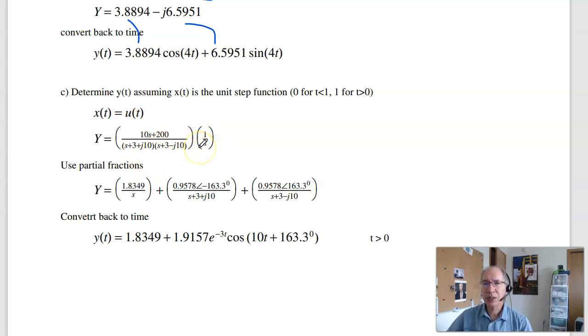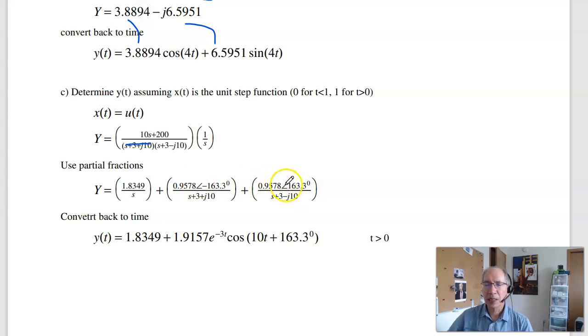Now do a partial fraction expansion. To get the constant term, plug in s equals 0, cover up the s, evaluate, I get 1.83. To get the s plus 3 plus j10 term, cover up this term, plug in s equals minus 3 minus j10, I get a complex number. In this case, polar form actually works better.